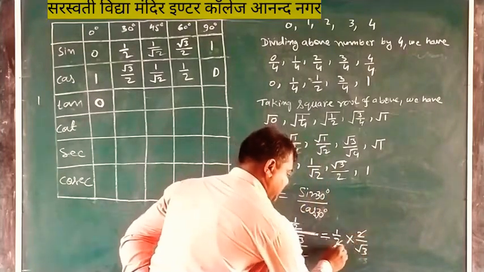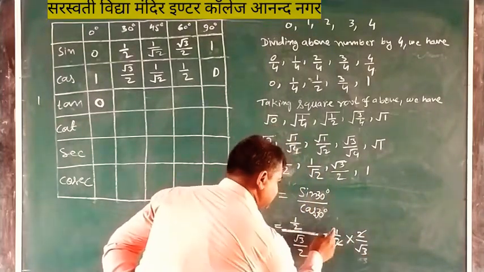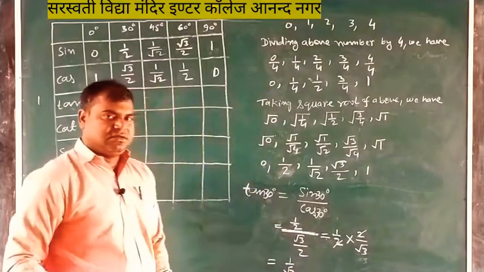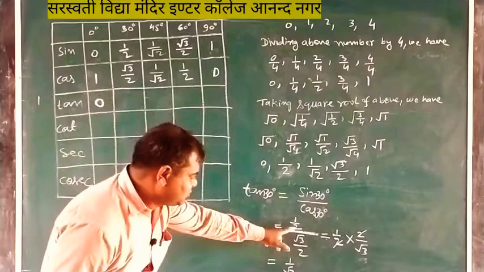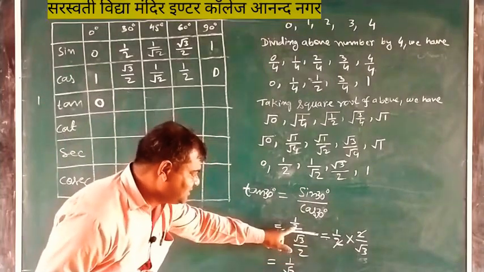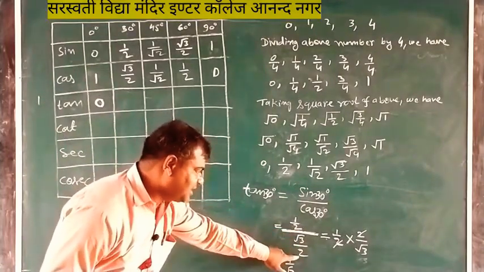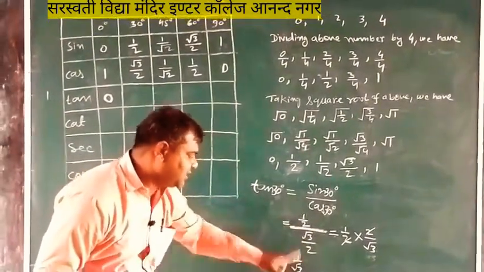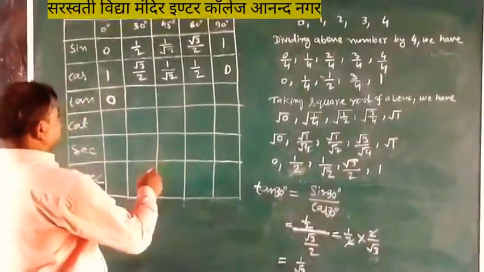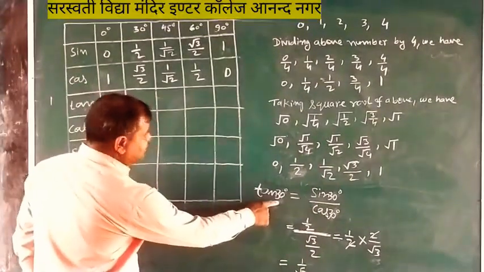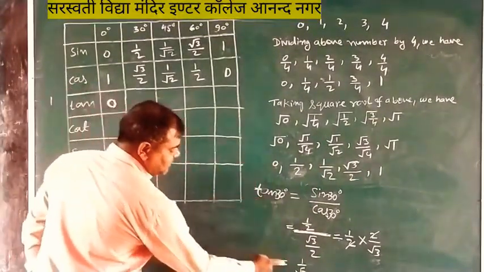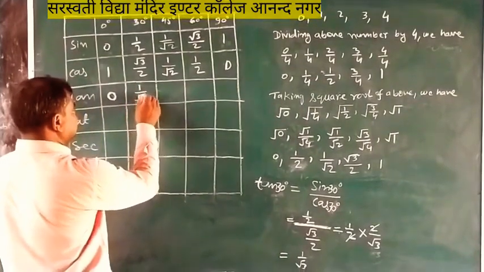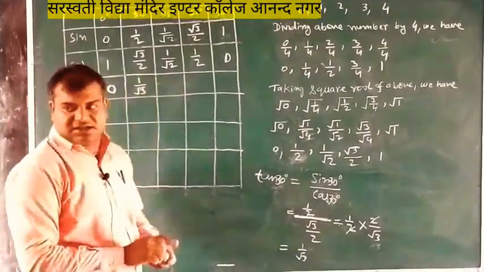Means 2 and 2 will be cancelled, and the value is 1 by under root 3. Easily you can solve this: this 2 is a denominator, this is also a denominator, so both will be cancelled out and 1 by under root 3 will remain. So tan 30 degree is equal to 1 by under root 3.